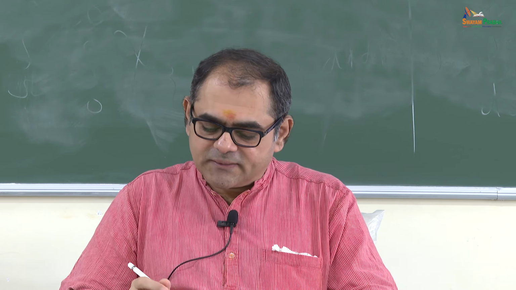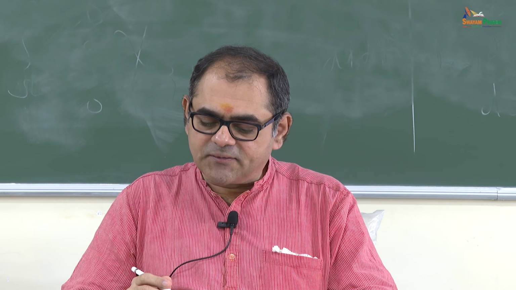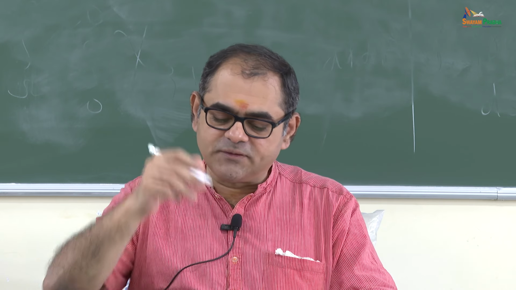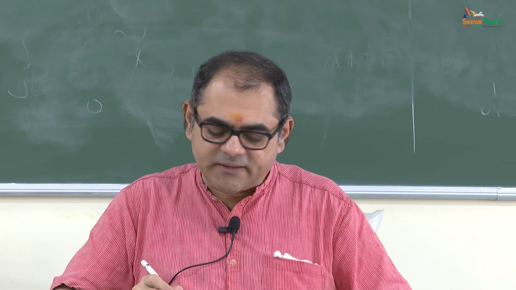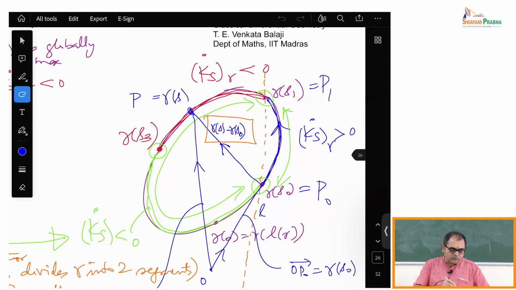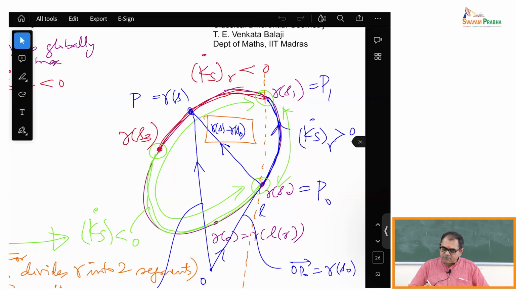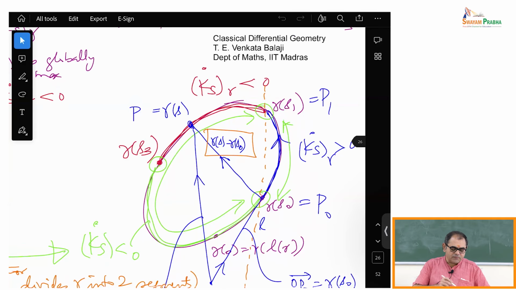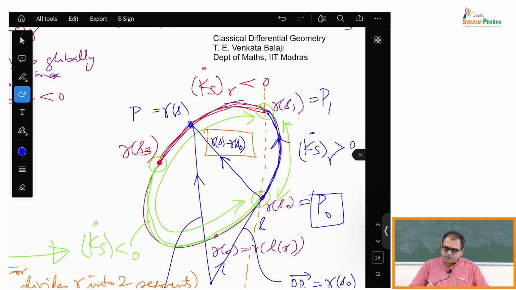And the points that are used to divide the curve into two segments, we are calling those points P0 and P1. So P0 is this point here, and P1 is this point here, and these are the two points where the curve is broken into two segments.